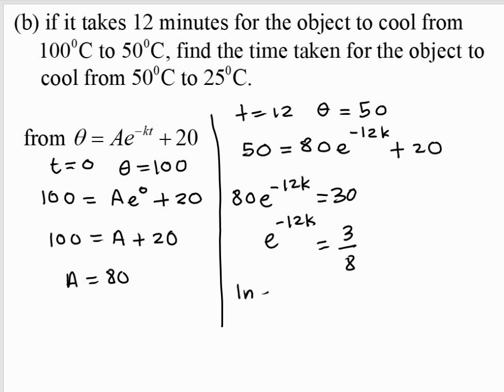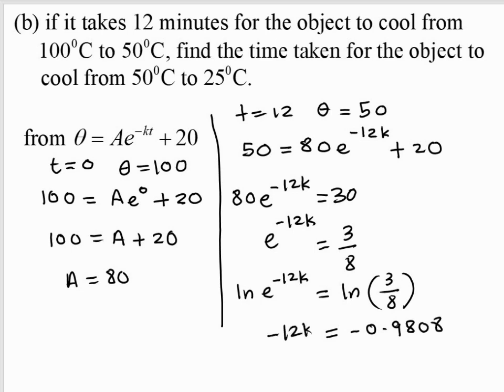And take ln of both sides. So we have ln of 3 over 8 equals negative 0.9808, and here is negative 12k. So the value of k is equal to 0.0817.